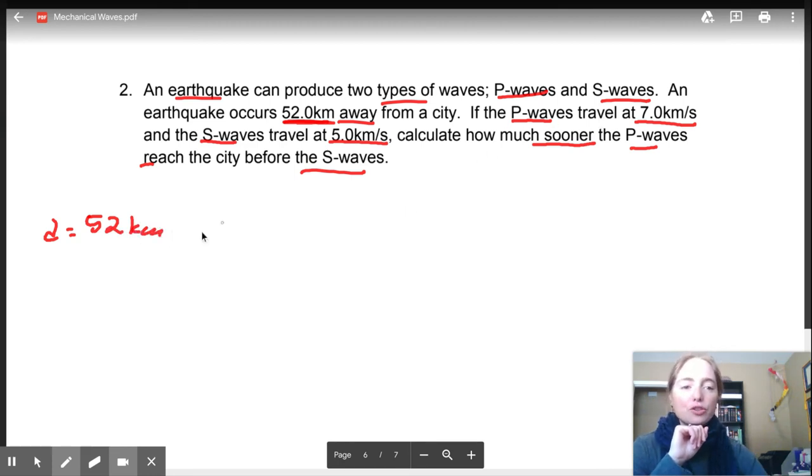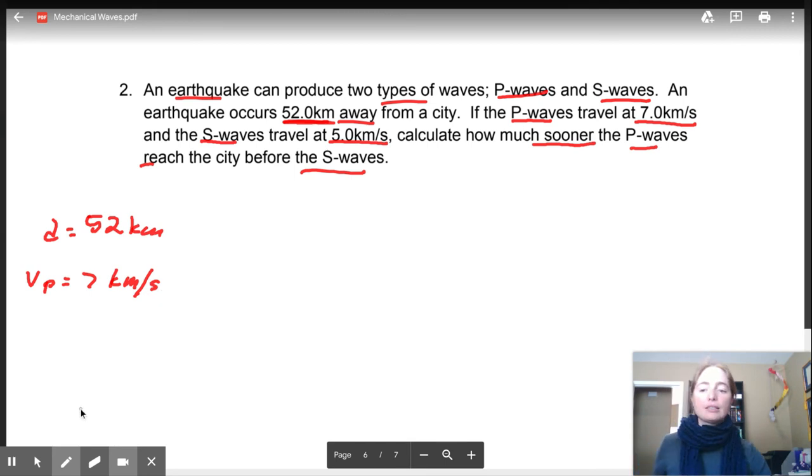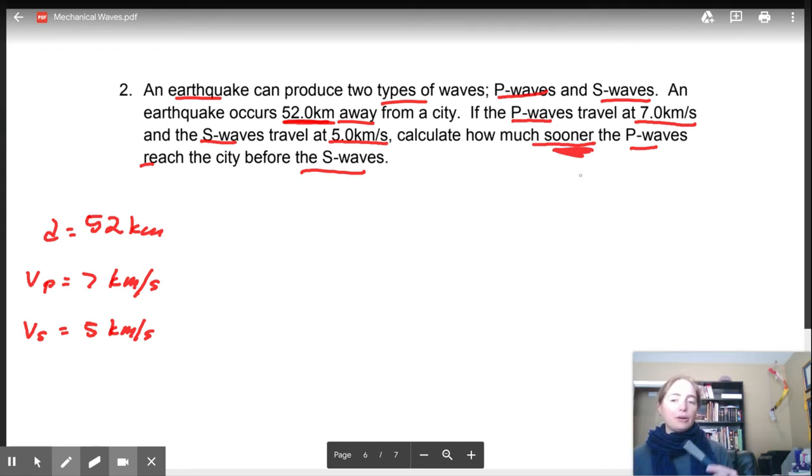The P waves travel at 7 kilometers per second, so the velocity of the P waves is 7 kilometers per second. The speed of an S wave is 5 kilometers per second. Okay, how much sooner will the P waves reach the city before the S waves?